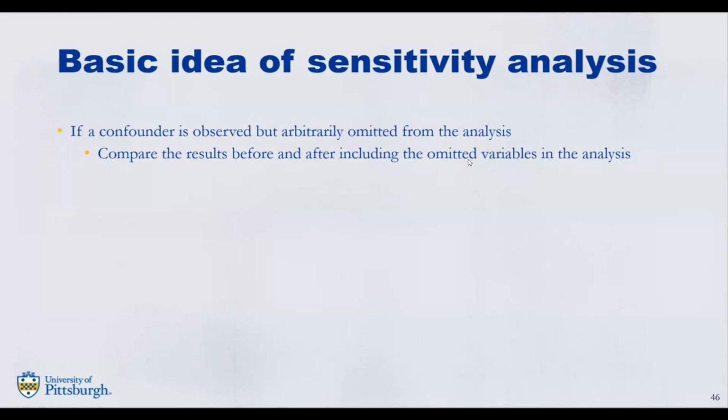Then we can compare the results before and after including the unmeasured confounder in the analysis, so that we can assess the sensitivity of the results. So the idea is the same as this case, but the essence of the method is to derive the conditional distribution of U based on the strength of unmeasured confounding.